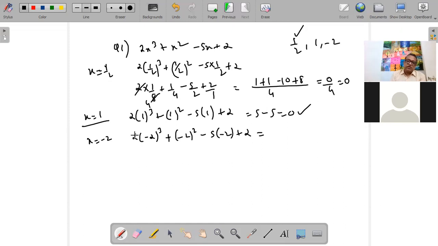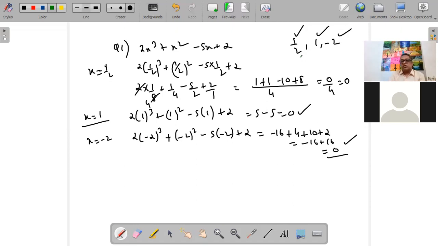This is -8, and -8 into 2 will give me -16. -2 square will be +4. -5 into -2 is +10, plus 2. So -16 plus 16, you got 0. So in all three cases we have got 0.